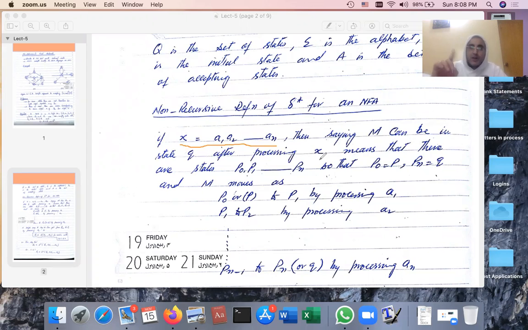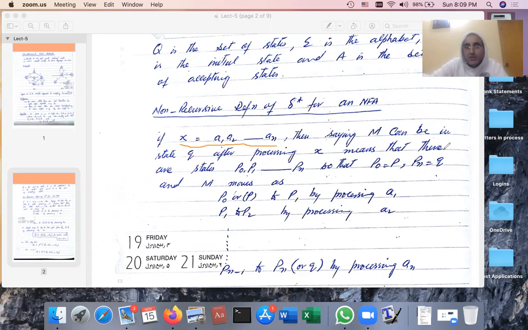Suppose you have processed this string x, containing alphabets from a1 to an, by this machine M, then we can think that the machine will reach some state and we can call that state q. So x is a string containing alphabets and M is a machine. After processing that string, machine M will reach some state and we are calling that state q.